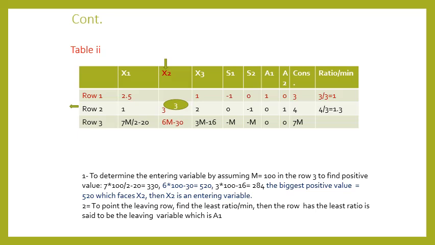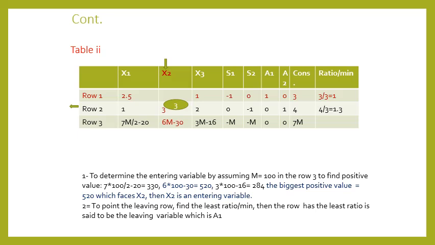Okay, first, to determine the entering variable, we need to assume a very big number for M and let it be 100. We assume that M equals 100, to convert this negative value to a positive value.